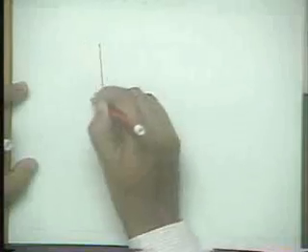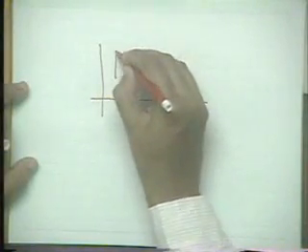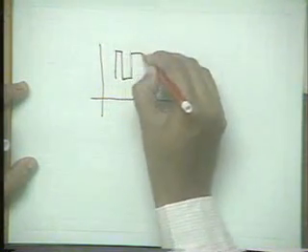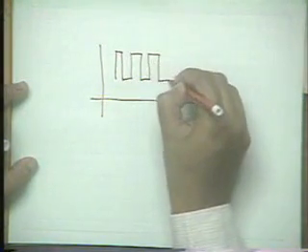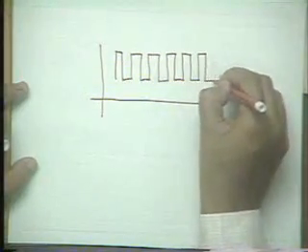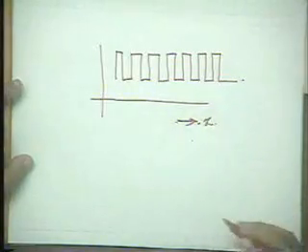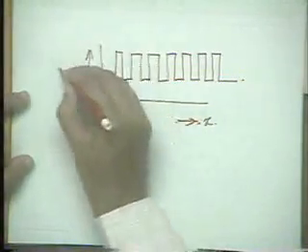So, for any typical image, we may have a variation like this, say in the x direction, some kind of variations like this. This is with respect to the x direction, and this is the amplitude.